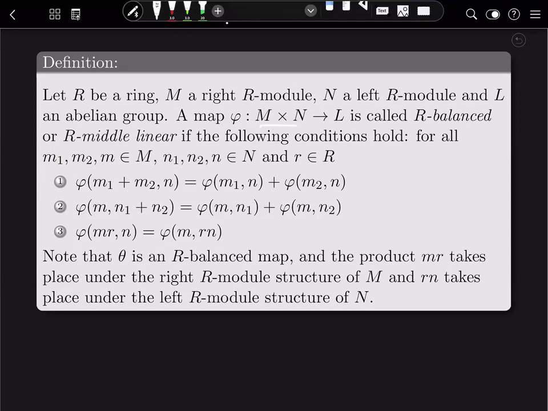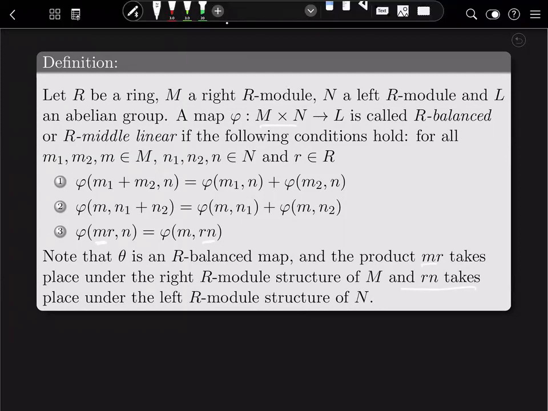So it's linear, quote unquote, in the first factor. We have linearity in the second factor, and we have this associativity condition where we can pull the right module structure from M into the left module structure of N. As I just noted here, m r takes place under the right module structure of M, and r n takes place under the left module structure of N.